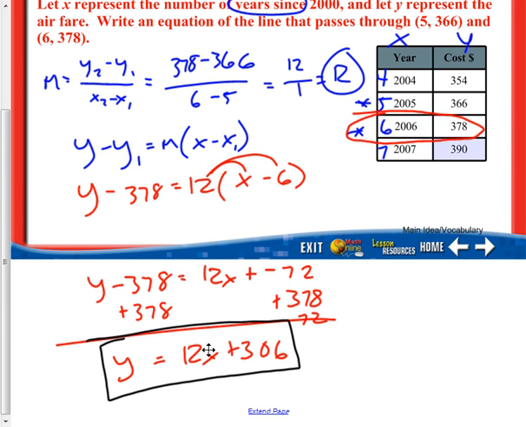So 12 times 15, we could figure out what that is, add it to 306, and 15 years from the year 2000, so in 2015, we could predict that the price of the airfare is going to be that amount. So again, it's not an exact science, but we could use these trends to create an equation to help predict where the prices, inflation, and everything will go.